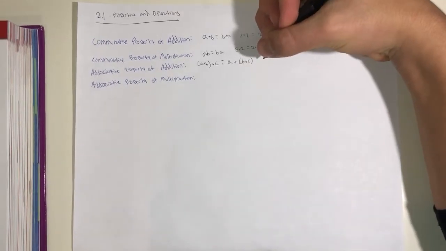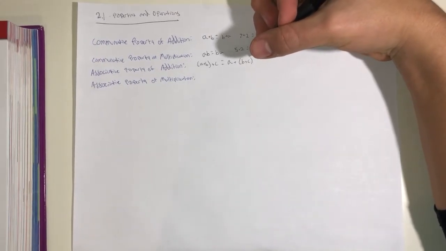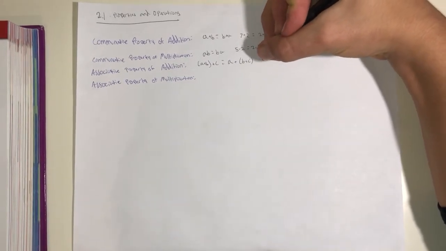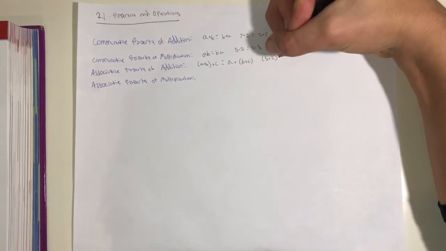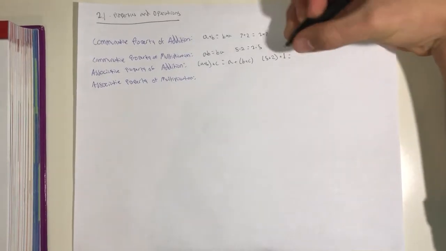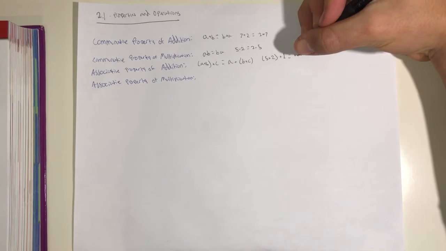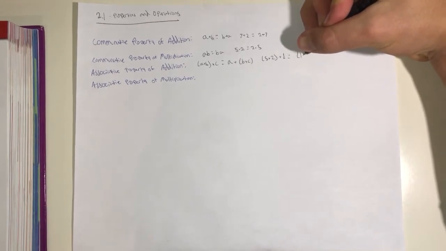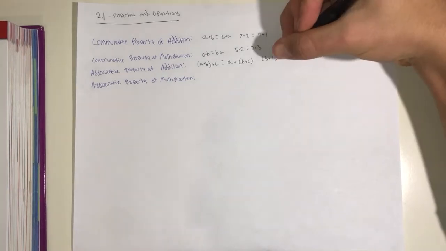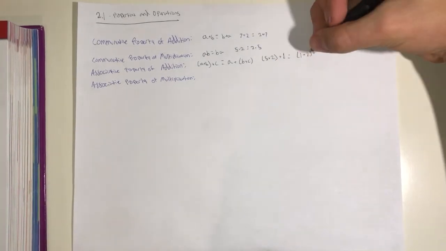Let me put it in a specific numerical example. If you have 5 plus 2 plus 1, this is 8. It's the same thing as 1 plus 2 plus 5, which is also 8.